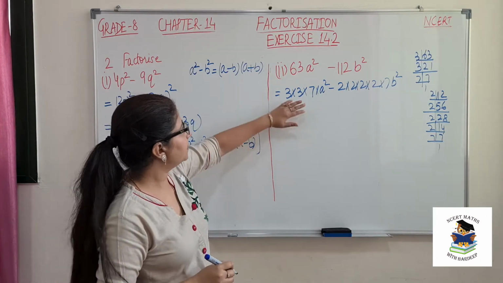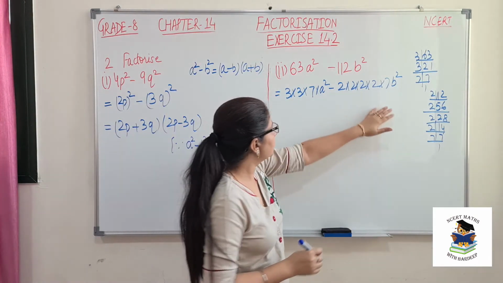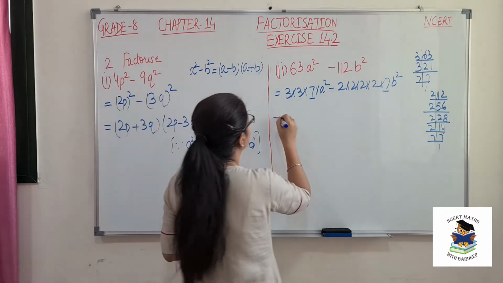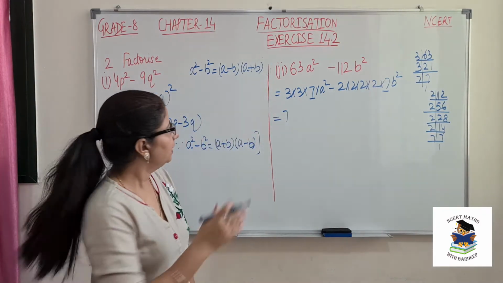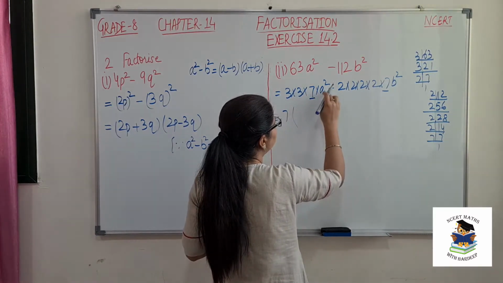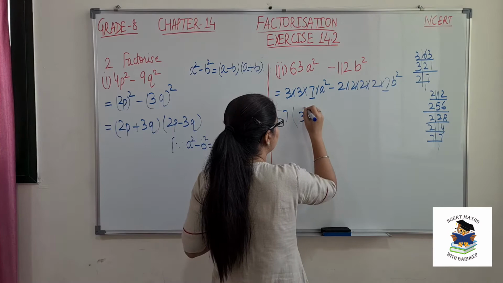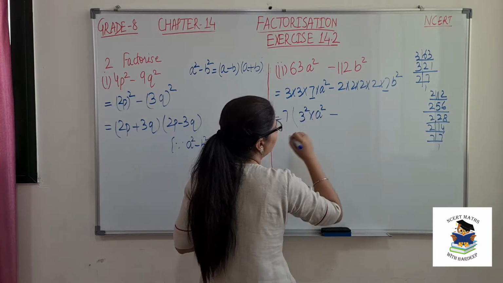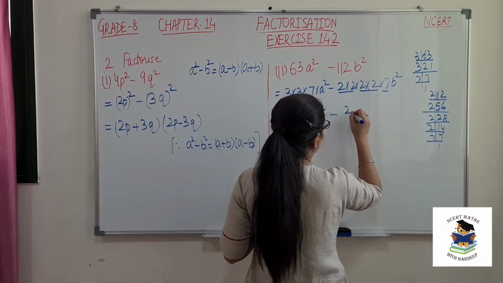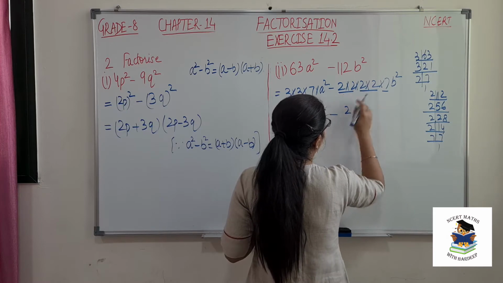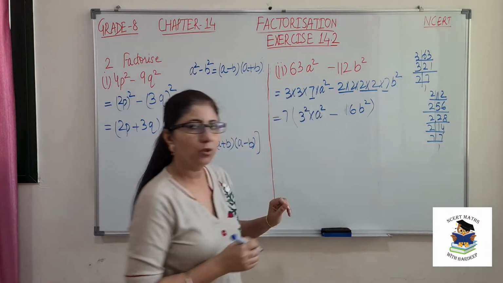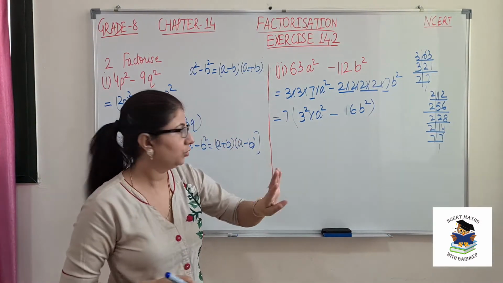Now we can see what is common in this. 7. So we will take out 7 first by the method of common factors, and next we will see what is left. 3 into 3 into a square is 3 square into a square, and here it is 4 times 2, so it can be made a square by writing 16b square. 16 is a perfect square of 4.